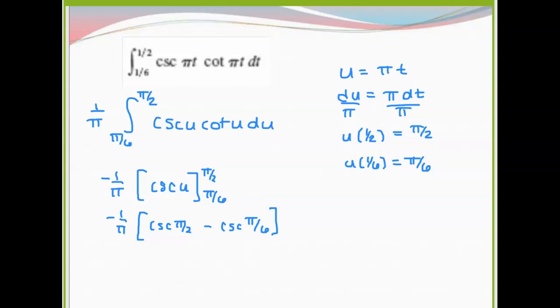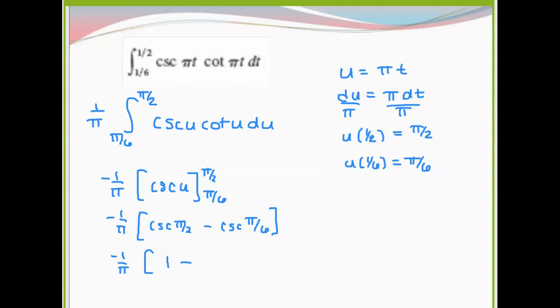What is the cosecant of pi halves? And think about cosecant as 1 over the sine. So it's 1 over the sine of pi halves. Sine of 90? 1. So cosecant of pi halves is 1 over 1, which is still just 1. Cosecant of pi 6 is 1 over the sine of pi 6.